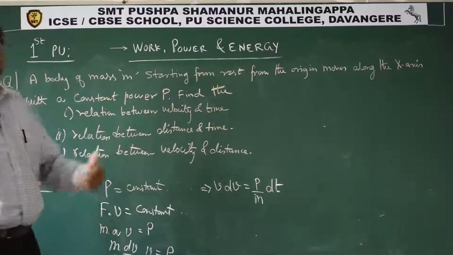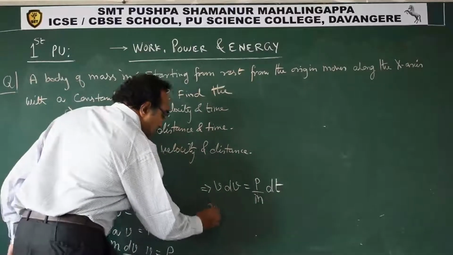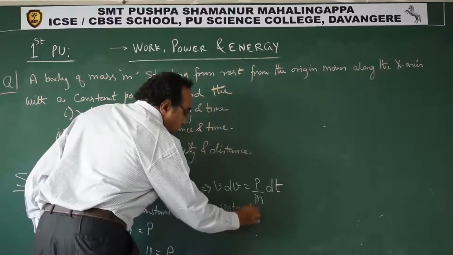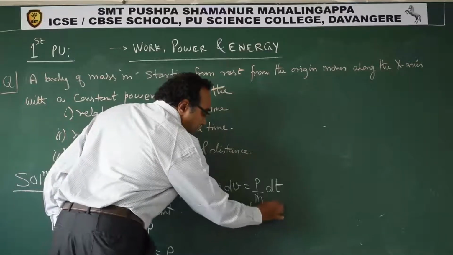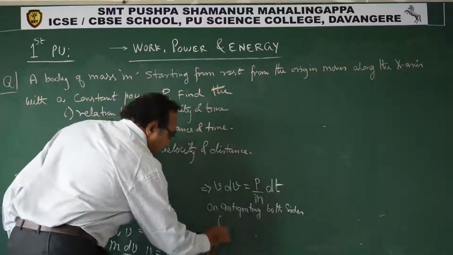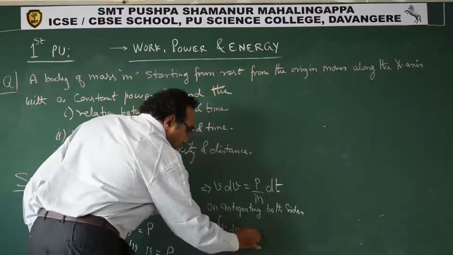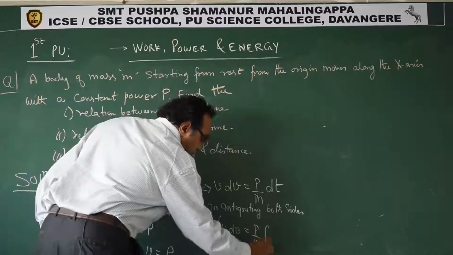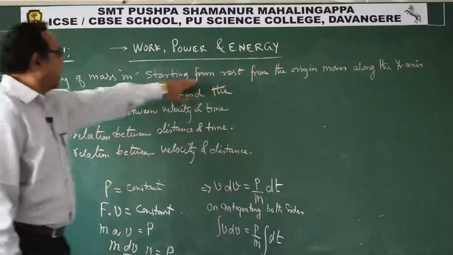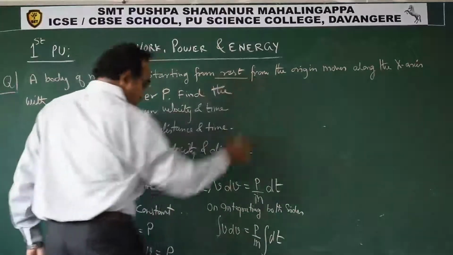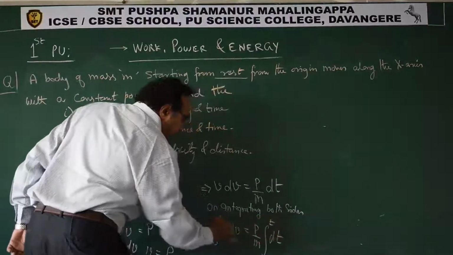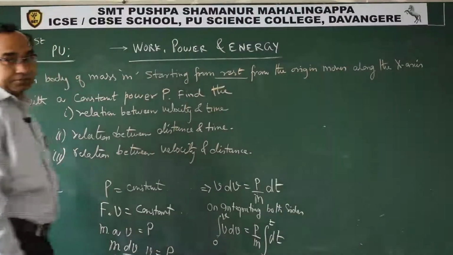Now integrate both sides. Integration of v dv is P by m integration of dt. Now what will be the limits? It says starting from rest. So 0, t is 0. In time t, let us say it becomes v.